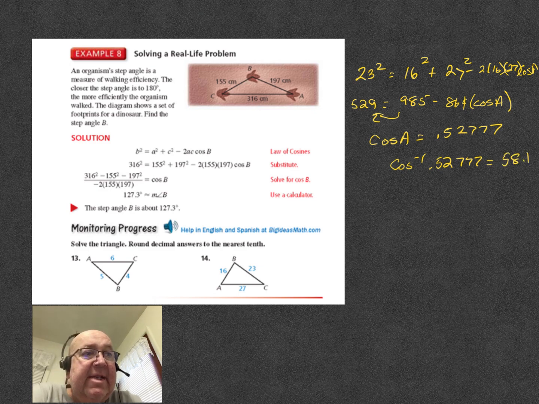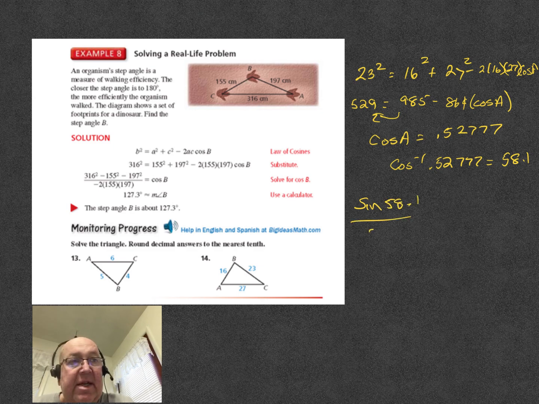Using the law of sines now, I'm going to go sine 58.1 over 23 is equal to sine C over 16.